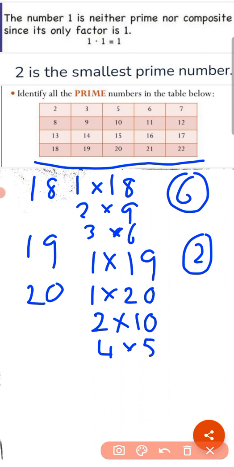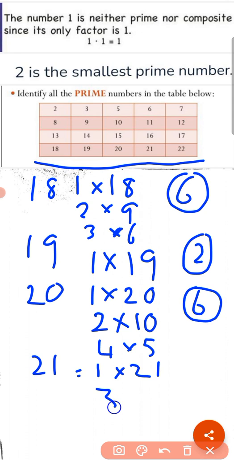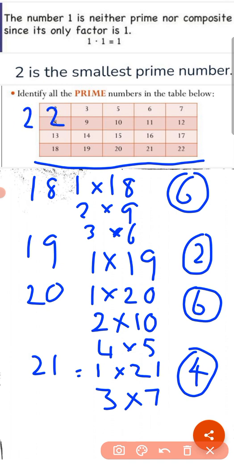How many factors? 6. Next 21. 1 into 21, 3 into 7. How many factors, children? 4. Next, last one, 22. 1 into 22, 2 into 11. How many factors? 4.